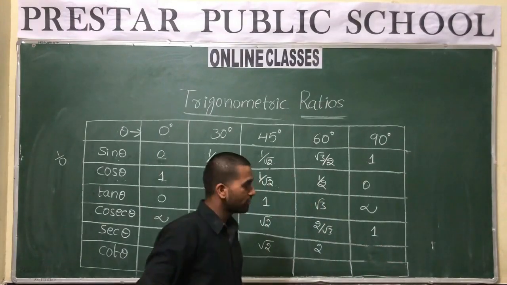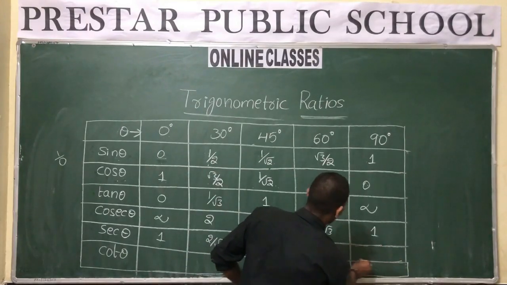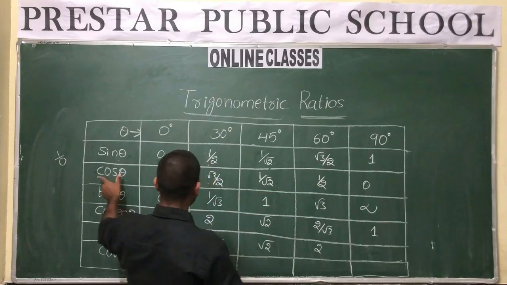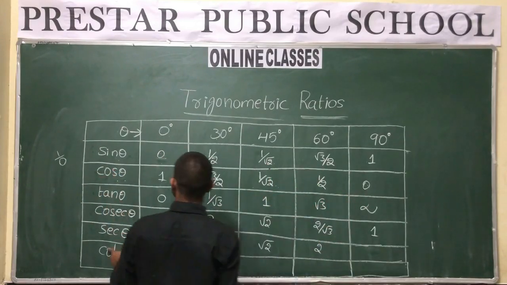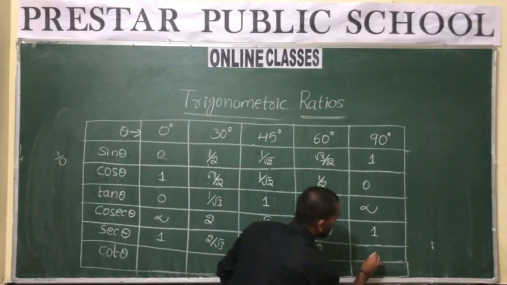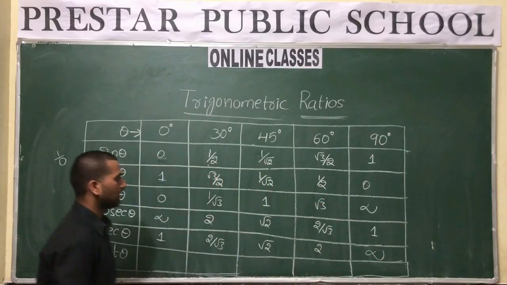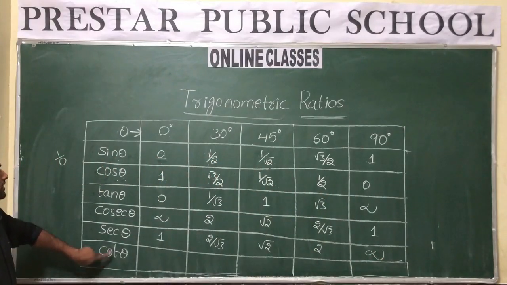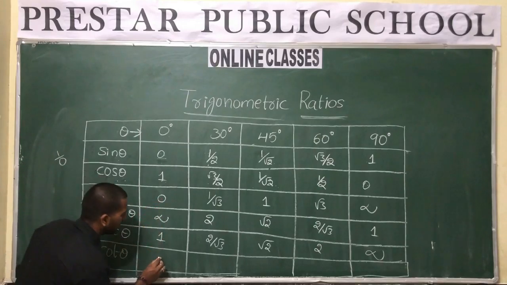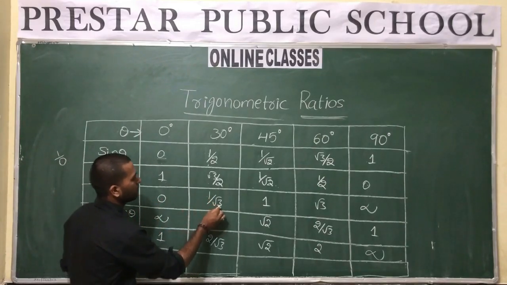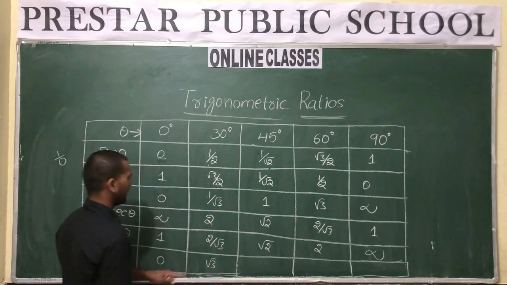Actually, I got confused. What is sec 90? If cos 90 is 0, then sec 90 is 1 upon 0. It means undefined. Okay? Next, cot theta is the reciprocal of tan. 0 upon 1 is 0 for tan 0, and reciprocal of 1 upon root 3 is root 3.